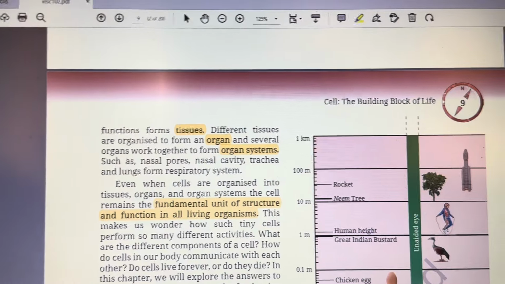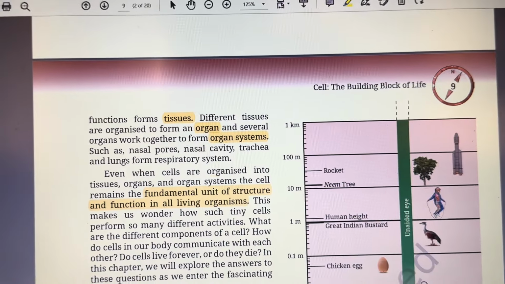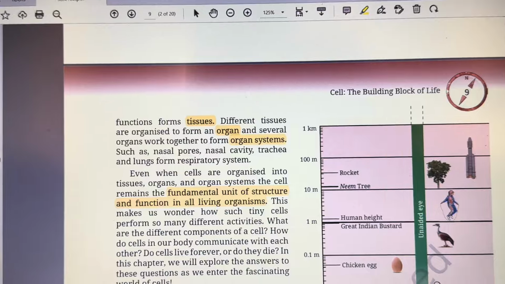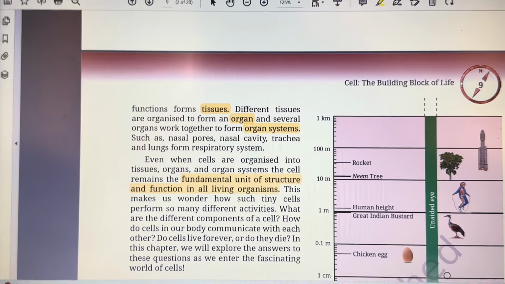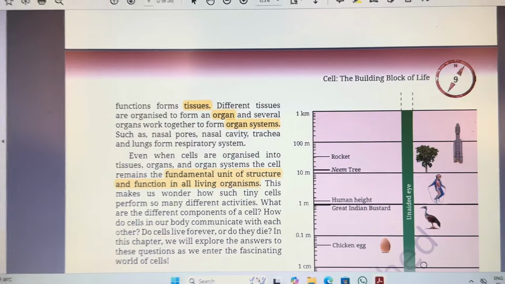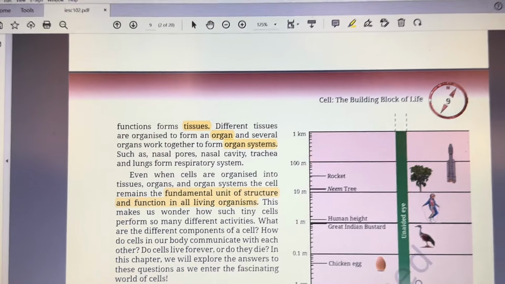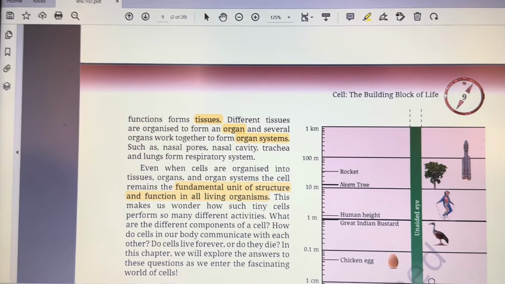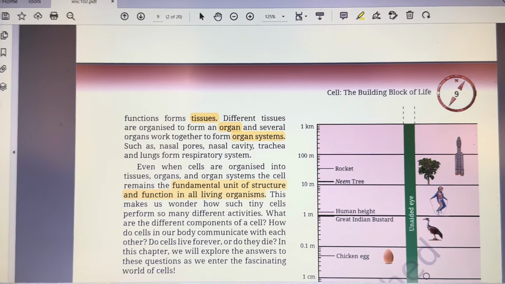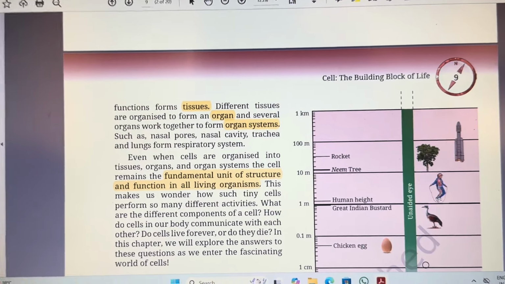So even though tissues, organs or organ systems are formed, the cell will always remain the fundamental unit of structure in all living organisms, and it will perform its function. Some of the cells we have in our body are RBCs, WBCs, platelets.